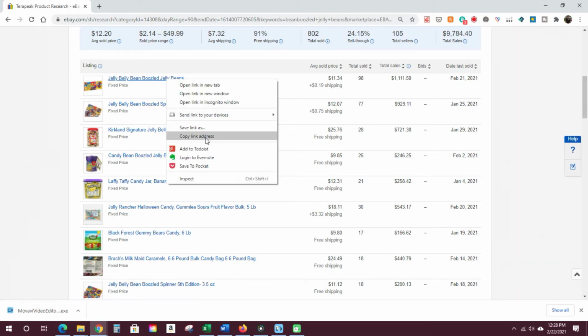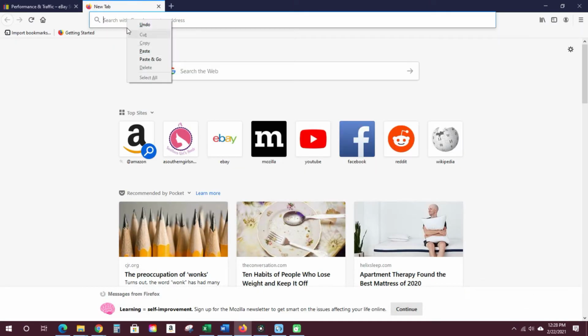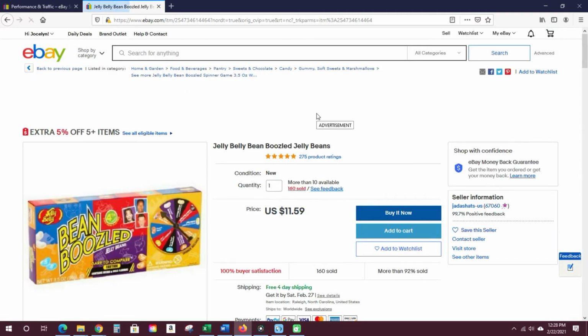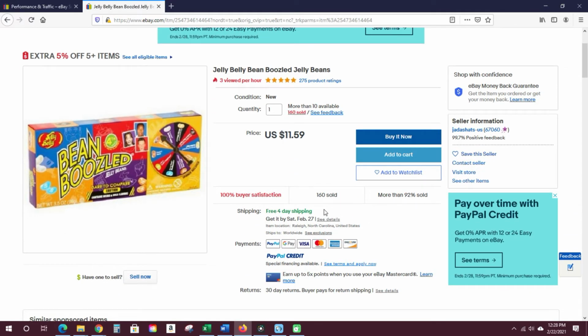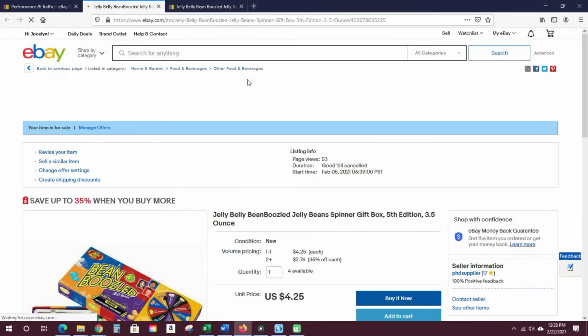So what I'm going to do is copy that link and place it over here. And here we are. It's the same exact product. They have free shipping, and it's $11.59.